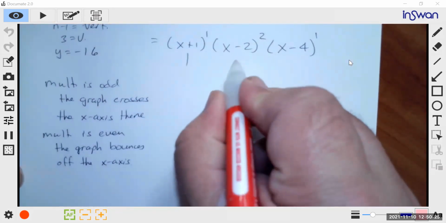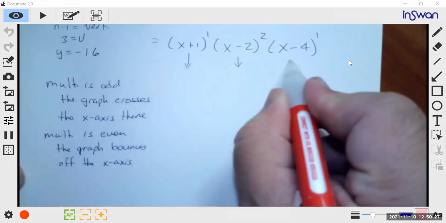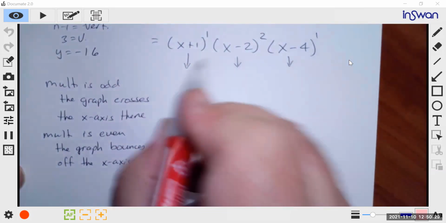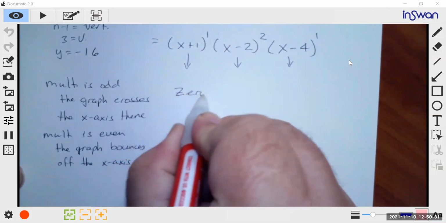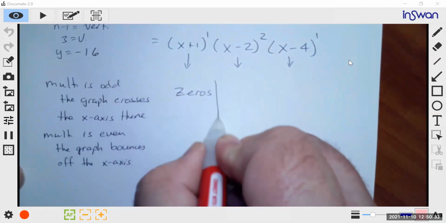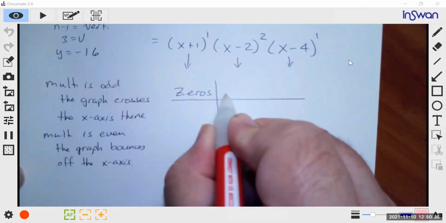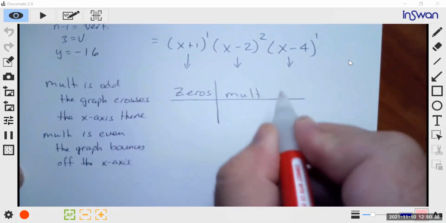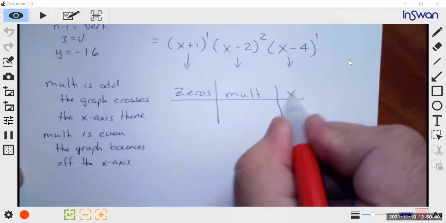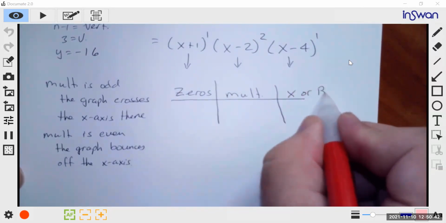So now we find our zeros, state their multiplicities, and determine whether it crosses or bounces.